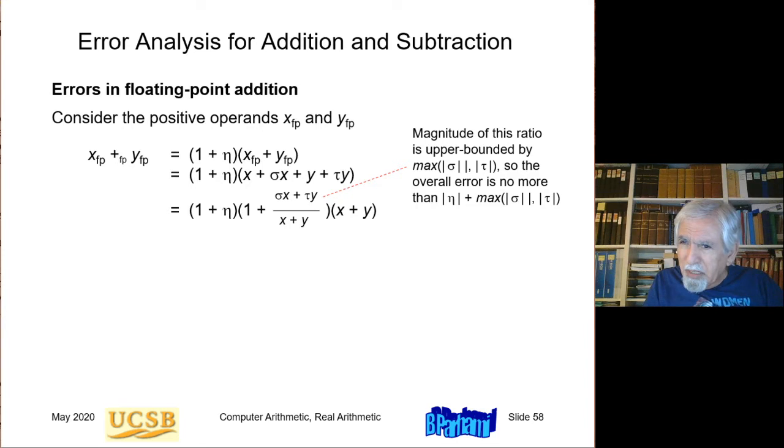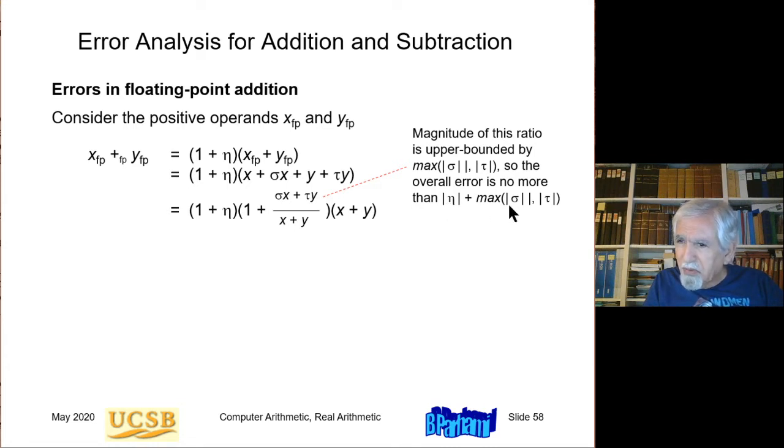And then sigma x plus sigma y divided by x plus y is sigma. So basically the error will be eta plus the larger of sigma and tau. So it's still reasonably small.